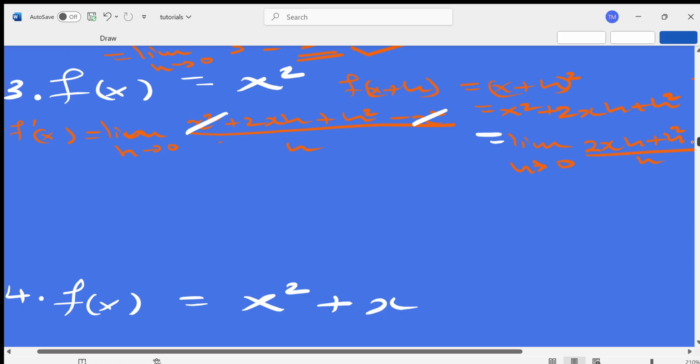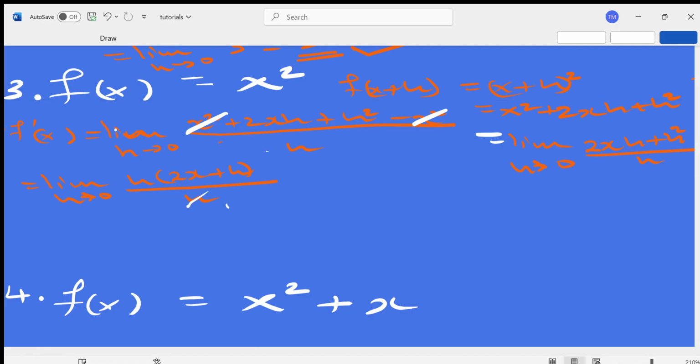That implies that you're going to have the limit as h goes to 0 of h times 2x plus h all over h, and then the h above can simply cancel the h beneath. So we have h here 1, h there 1.